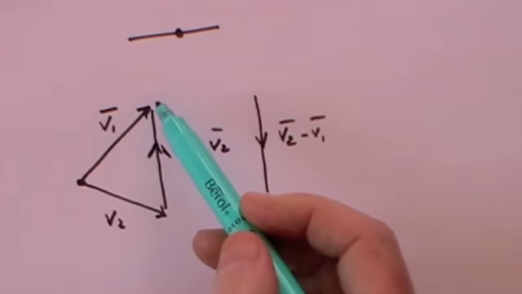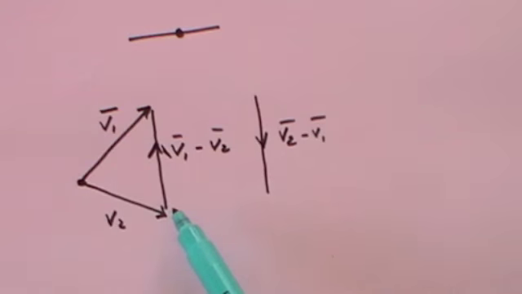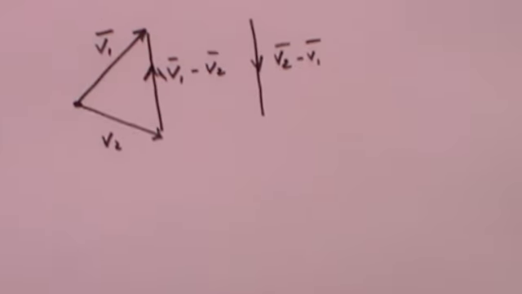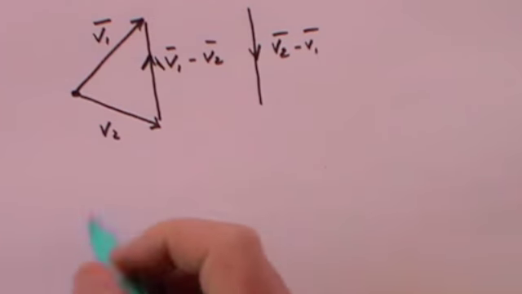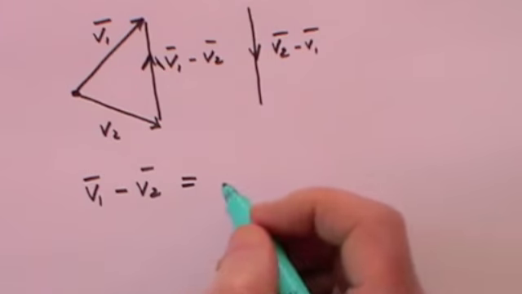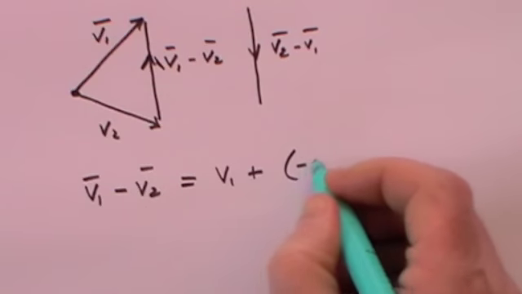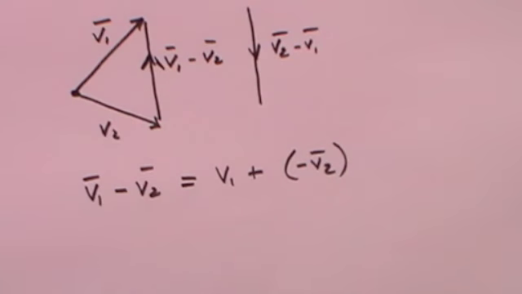So v1 minus v2 is a vector in that direction, v2 minus v1 would be the vector in the other direction. So how am I going to show this easily? Well, I'm simply going to say let v1 minus v2 equal v1 plus a vector which I'm going to call minus v2.